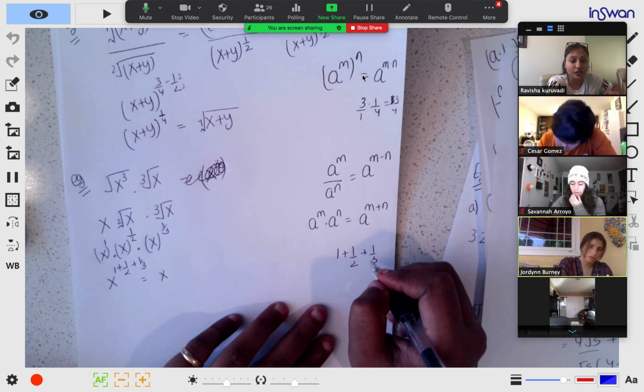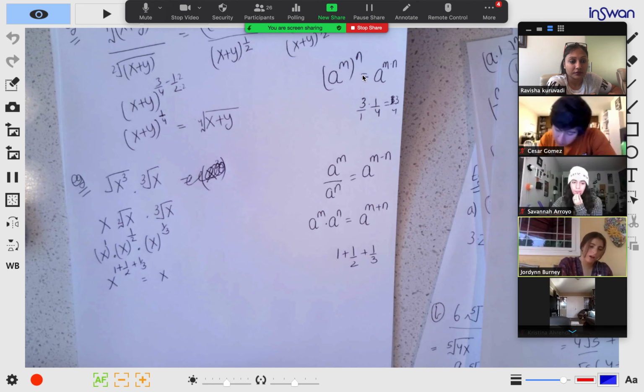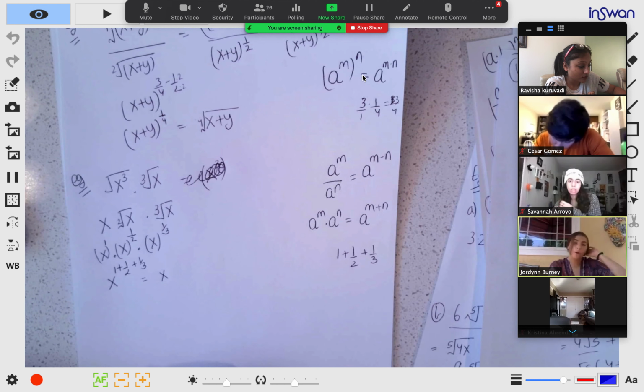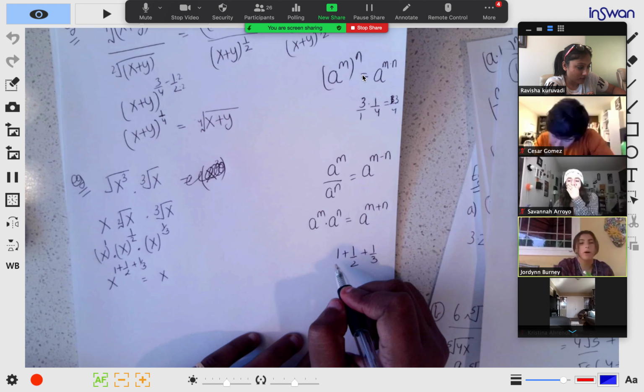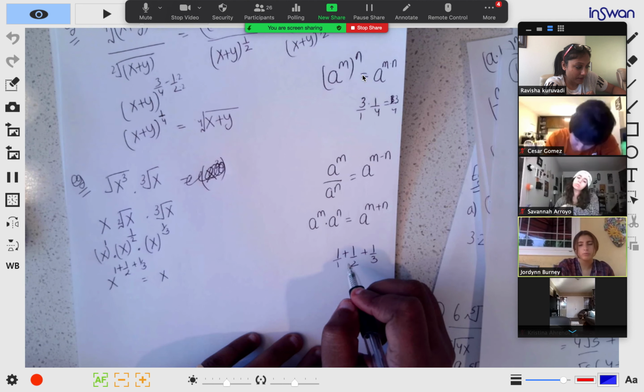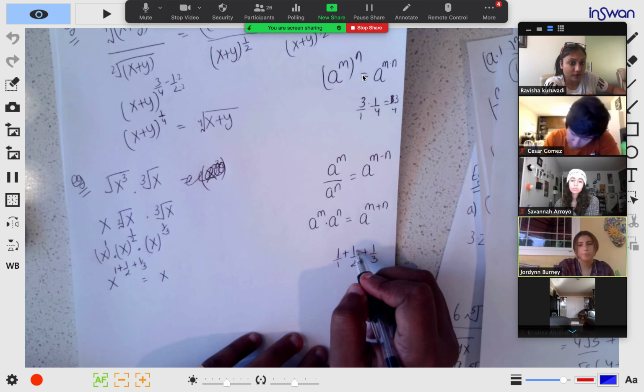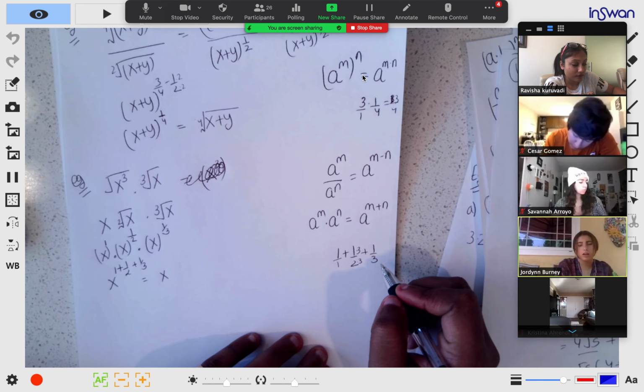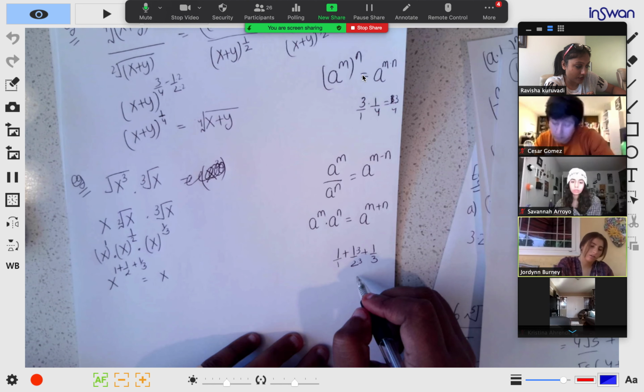How do you make common denominator? You start by multiplying. With what? So we could start with the 1 over 2. I'm gonna multiply the top and bottom by 3, and then you're gonna get 3 over 6.